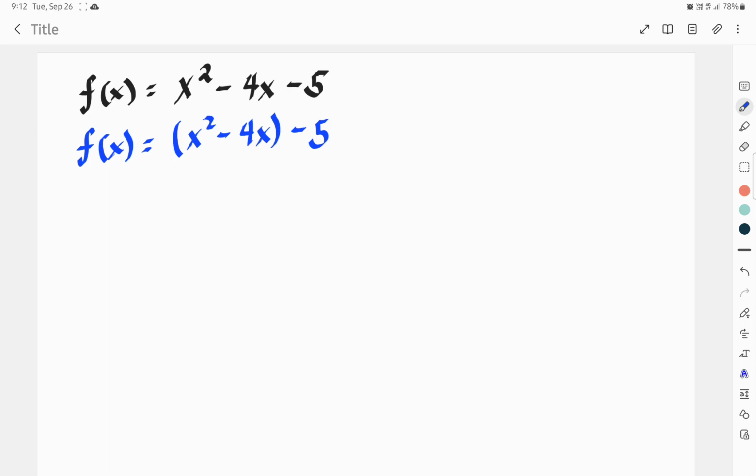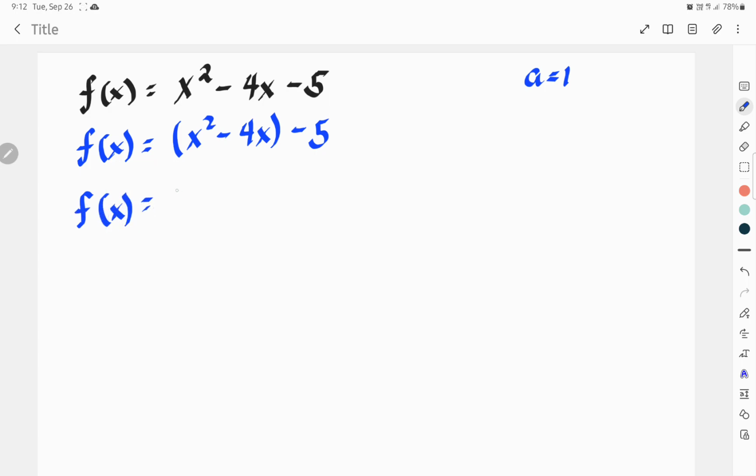Now, think of a perfect square trinomial. This is the case if a is equal to 1. Let's make this a perfect square trinomial. You divide the negative 4 by 2 and then square it, so that would be 4.